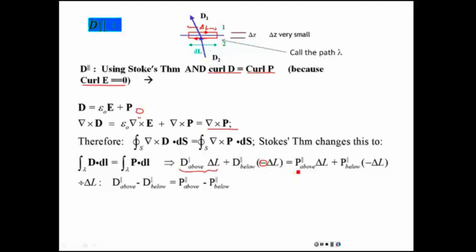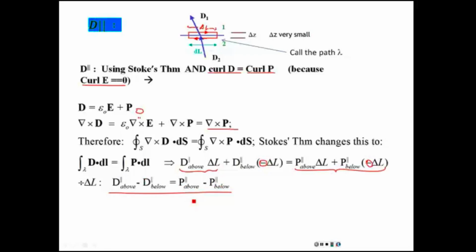Same goes for the P vector, so we have exactly the same equation for the P, and again we get a minus sign because of the change in direction of the line segment. Divide by delta L, and we're left with the boundary condition that we wanted for the D vector, which is the change in the P vector. All of these are the parallel components.